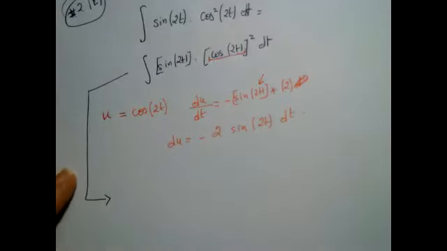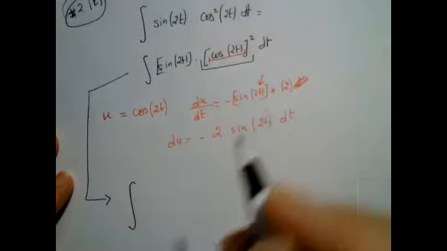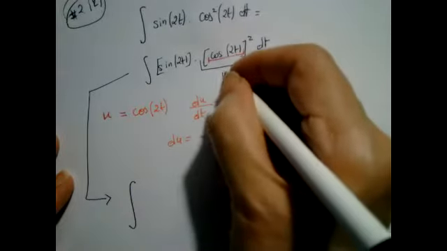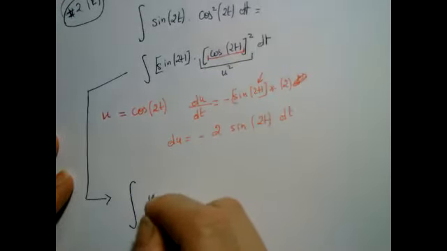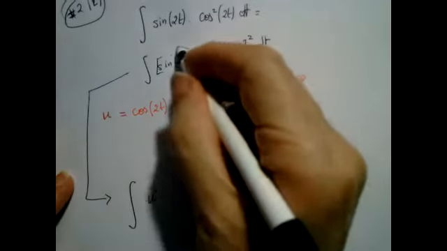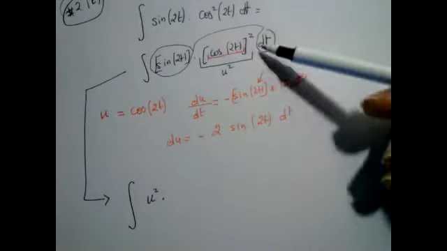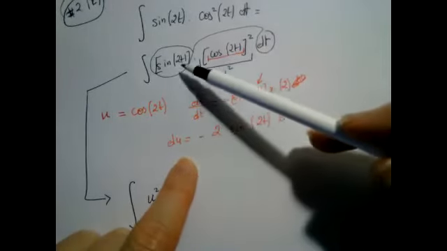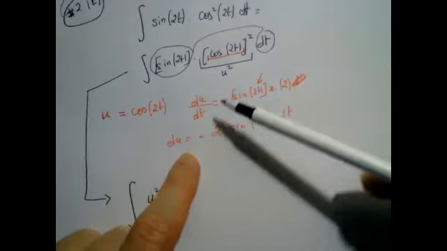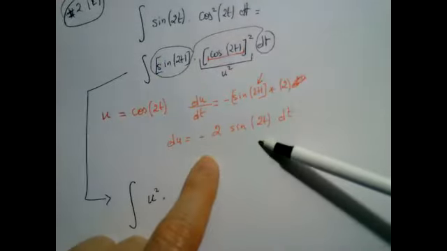All right, so let's see what my integral becomes. It's the integral of the cosine 2t square, this is the u square, no problem about that, times sine 2t dt. Now I start looking at the du. I realize the du is not quite sine 2t dt, but I can figure it out from here.